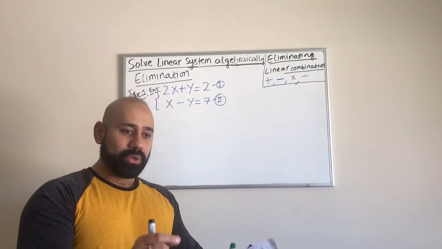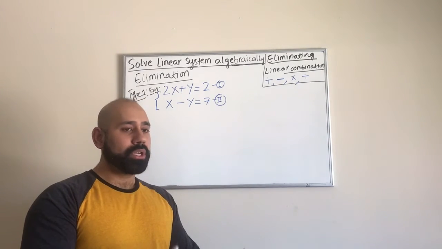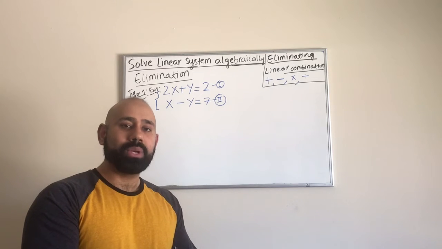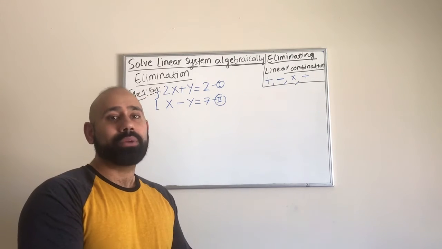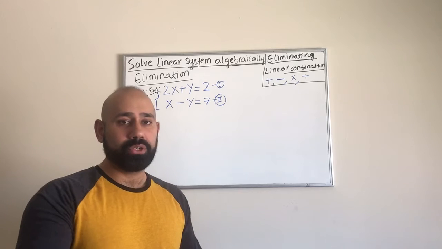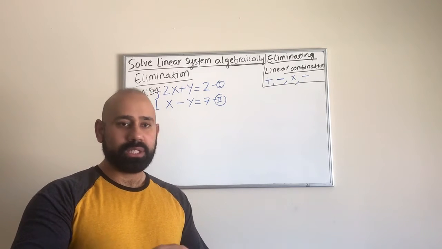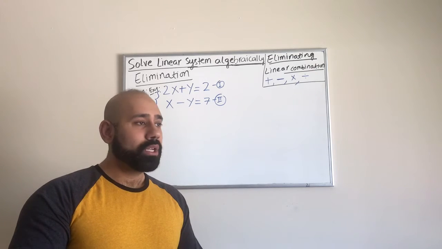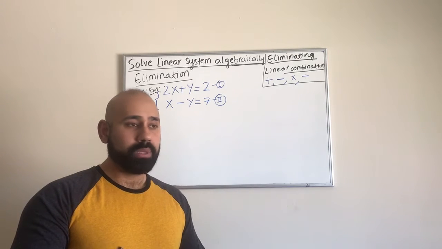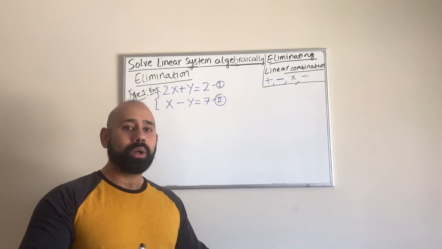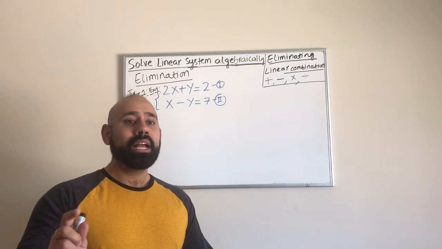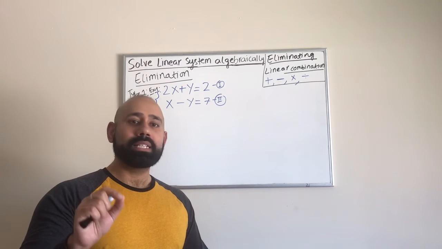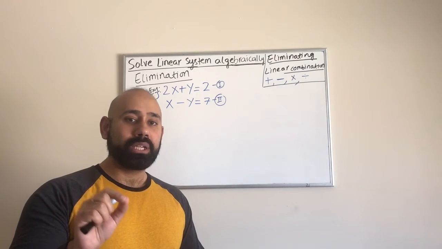Unless in your notebooks, or in your textbooks or in your homeworks, it specifies that you have to use a particular method, then yes, you have to use that particular method and you're not free to choose any one. But if it does not specify which method you should choose, then it's up to you to decide which method you want to choose. But my job here is to show you all the different methods out there, and then I would like you to think about these methods and decide for yourselves which method you want to use for a particular example.